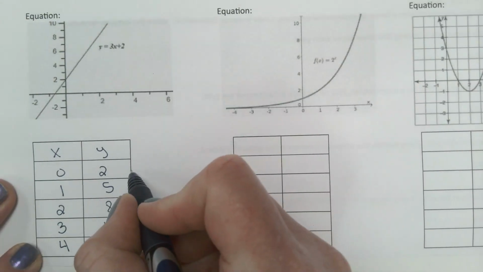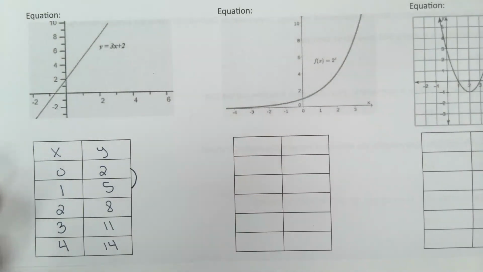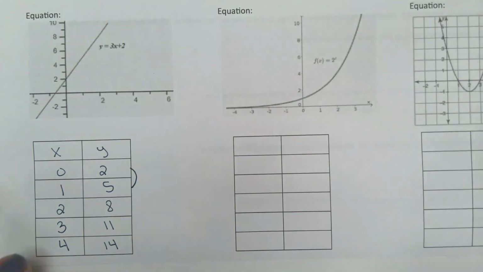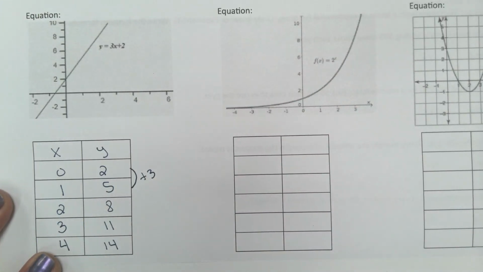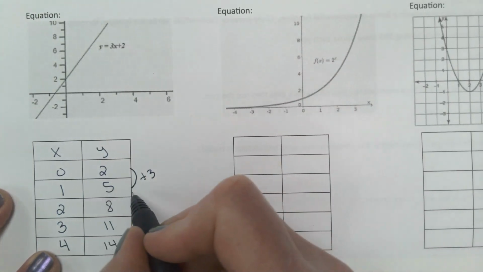So we look at how the y values change. When I go from 2 to 5, how do I get there? Can you describe it by saying I add, subtract, multiply, or divide, and then a specific number? Add 3. You want to see if this pattern stays consistent throughout.